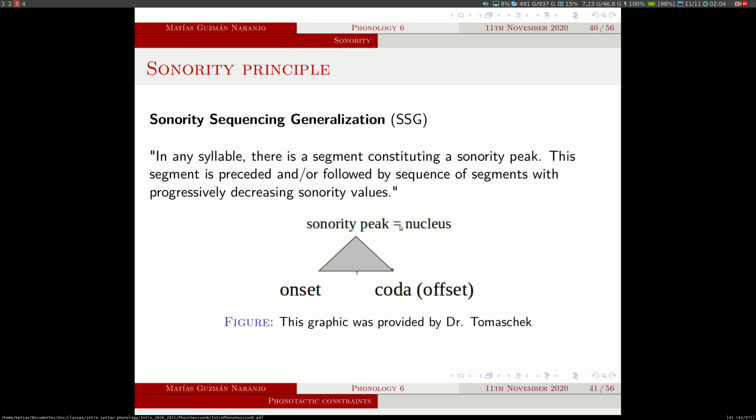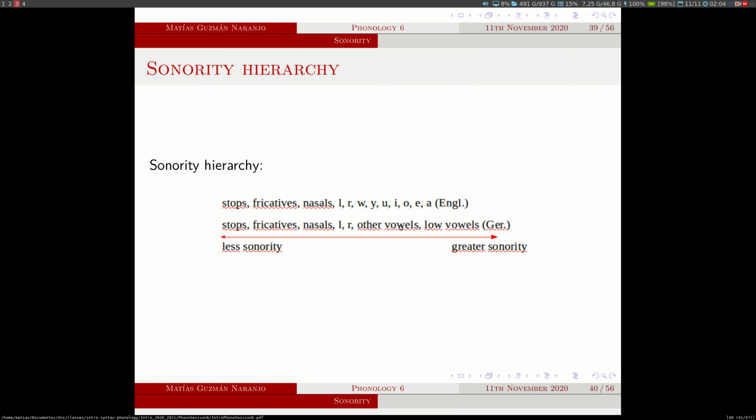So it's not very hard to think about situations where, for example, a fricative comes before a stop. Things like that. And that's, I think, a good example of this, right?